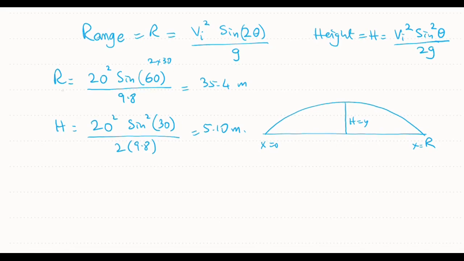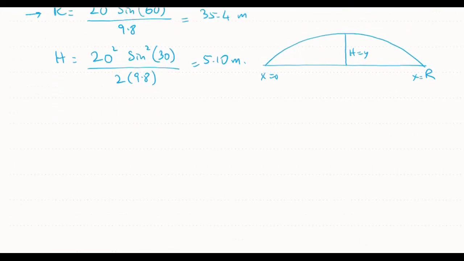Now, these equations, especially the range equation, should be used with care. For example, if we have the same question, but you had the ground here, and you had a building, and you shot it from the top of a building with the same speed, 30 degrees, and we want to find how far it falls on the ground.